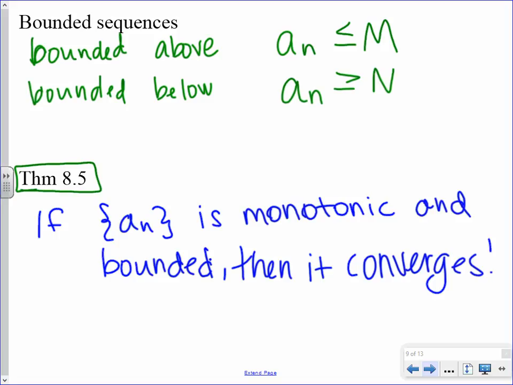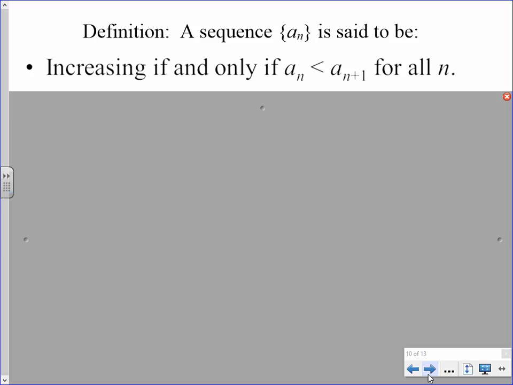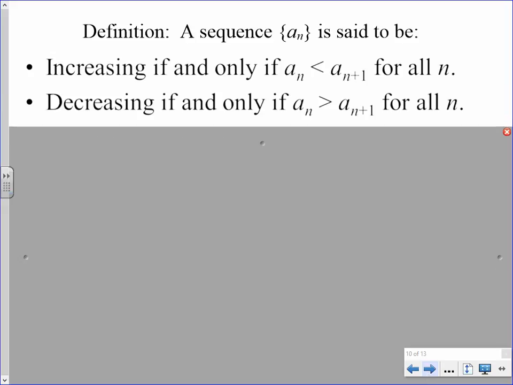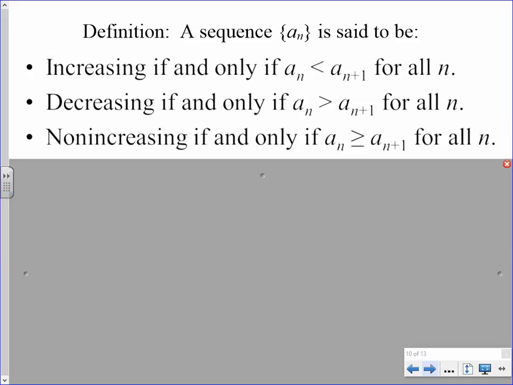If we have an increasing sequence, then a sub n is always less than a sub n plus 1. We have a term that's always less than the next one. If we're decreasing, then a sub n is always bigger than a sub n plus 1, no matter what. If we are non-increasing, we are decreasing but could have equality from term to term.